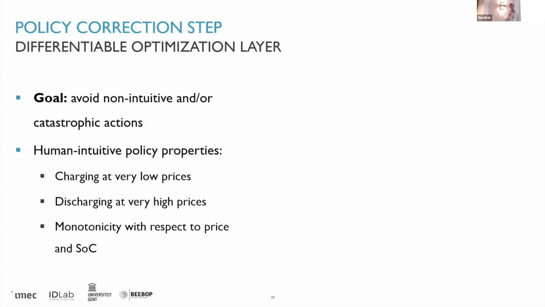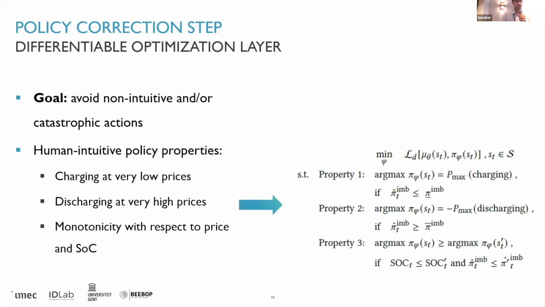If I want to elaborate a bit more on this property, it means that for a specific SOC, if we take the charge action for a given price, we should also take the charge action for prices below this given price. And we formulated these three properties as a convex optimization problem, and enforce them via our differentiable optimization layer.